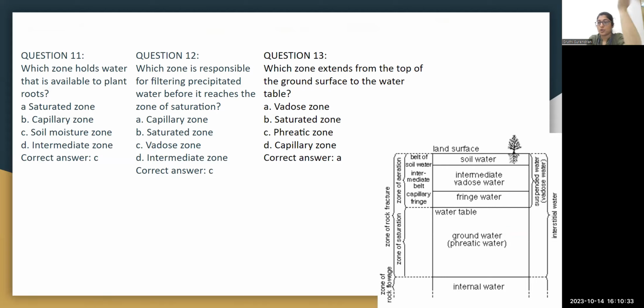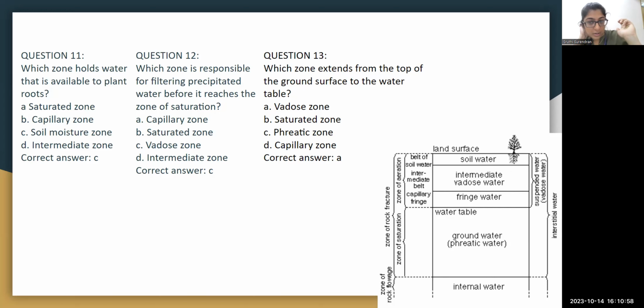We call this the zone of aeration, also the unsaturated zone. But in that zone, the first layer of soil is saturated by the water that will infiltrate. After it infiltrates the soil water zone, it will start moving gradually down to the deeper layers. So that is called a saturated layer in the unsaturated zone.